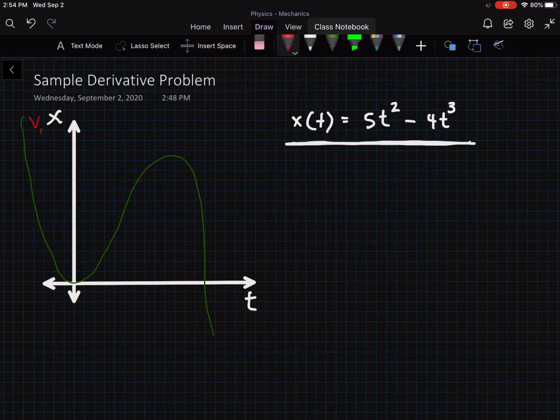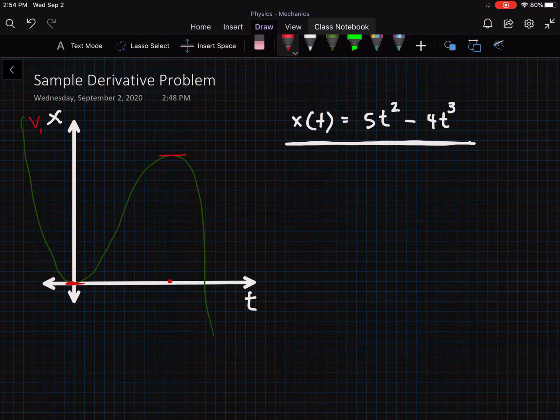So we'd have a 0 at the origin, right? Because the slope of the graph there is 0. And we'd have a 0 right about here, because the slope here is about 0.